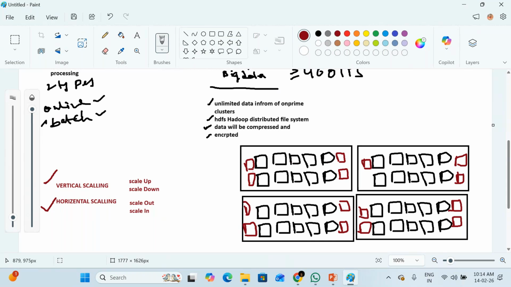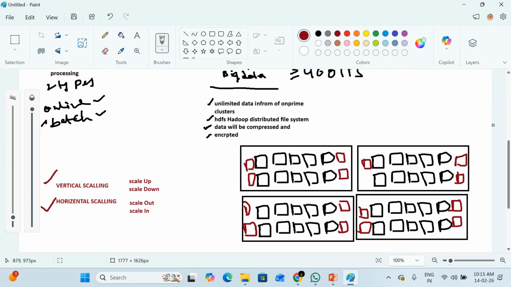The normal statement: within the computer, hardware increasing and decreasing is vertical scaling. One more computer, two more, three, adding and decreasing computers is horizontal scaling. But from the cluster point of view, one cluster means one computer, and the computer power is multiple nodes.